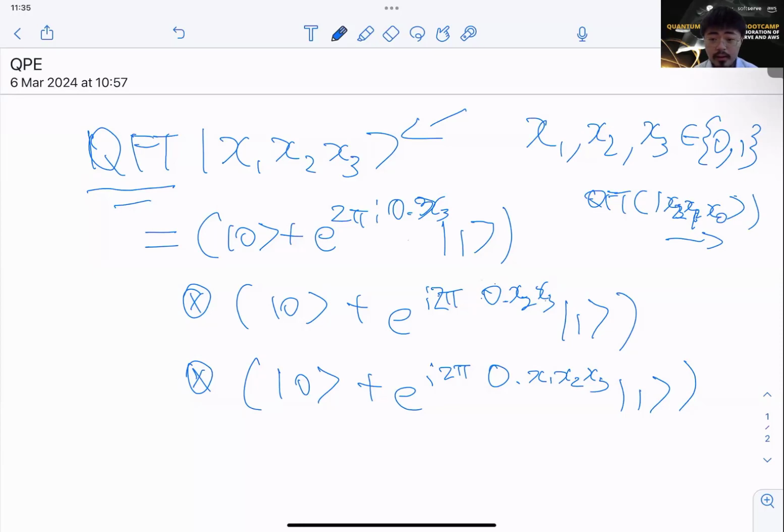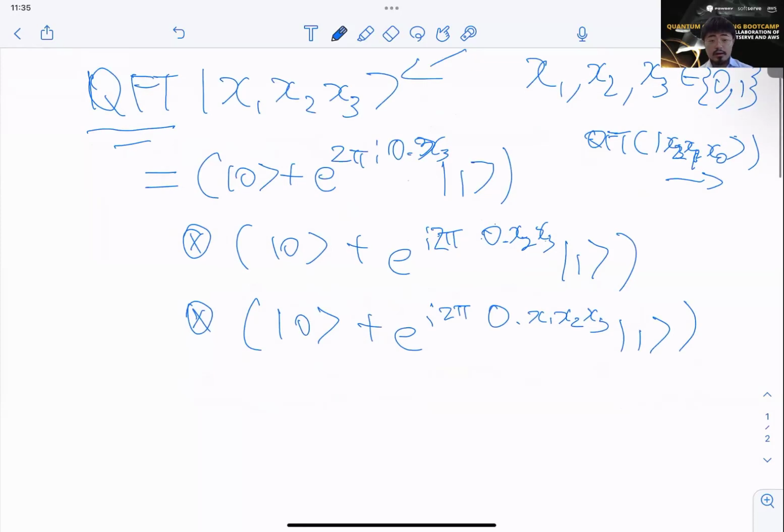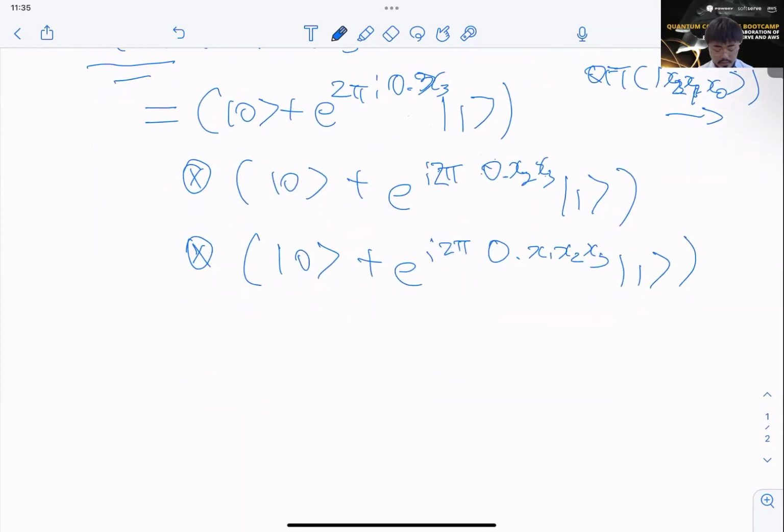Okay. So right now, what this means is that we perform the QFT on x1 to xn.